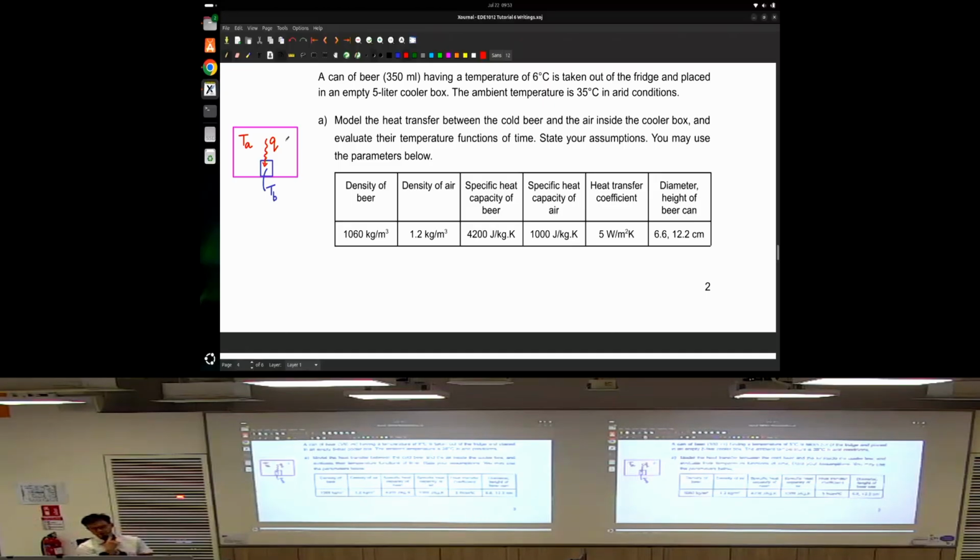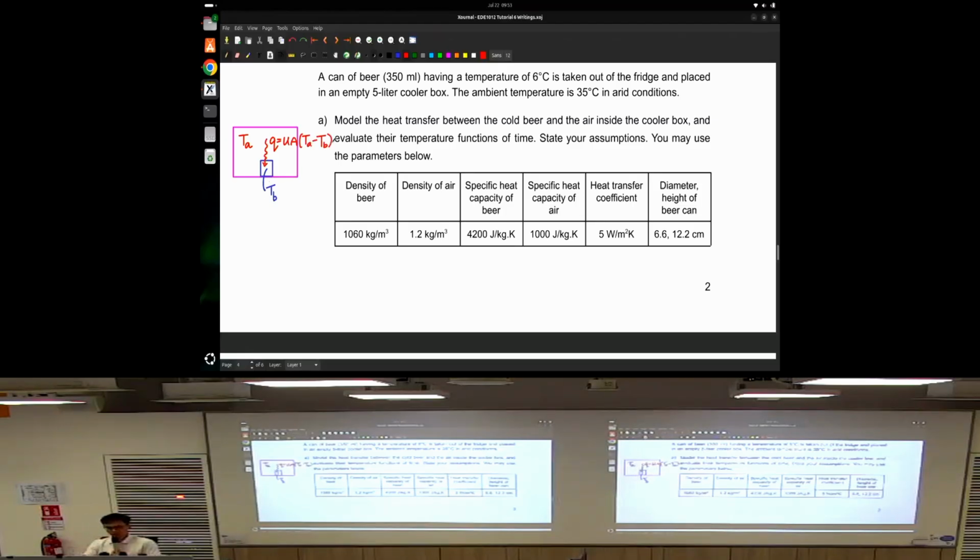Therefore, this Q is equivalent to UA, the heat transfer coefficient times the effective area, multiplied by hot minus cold, so TA minus TB.